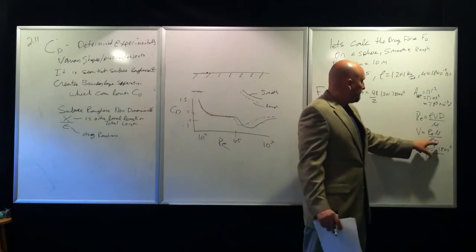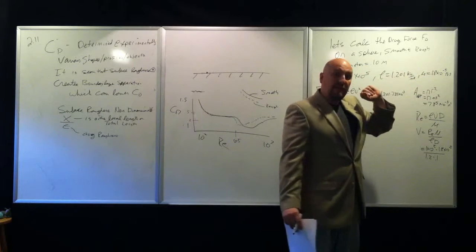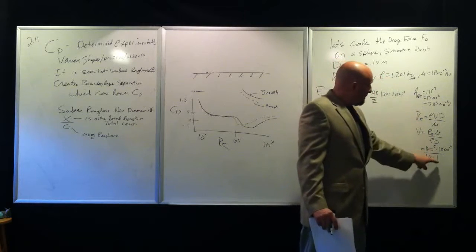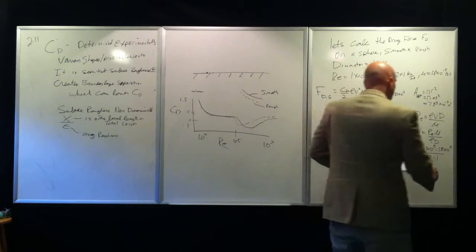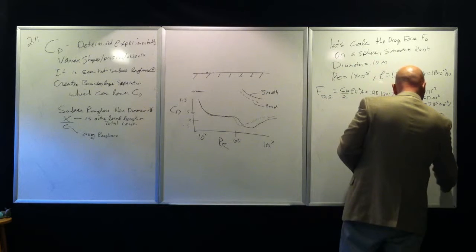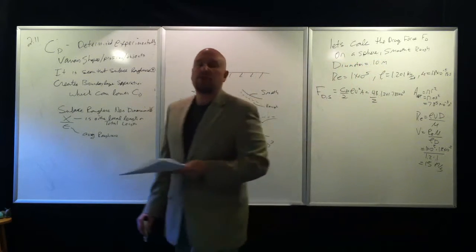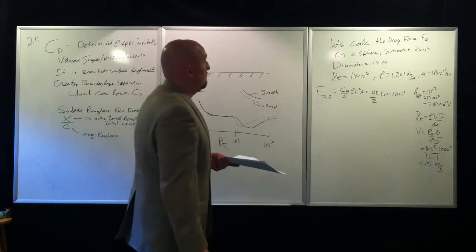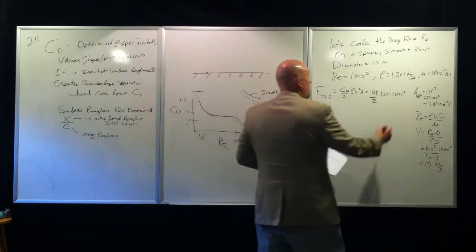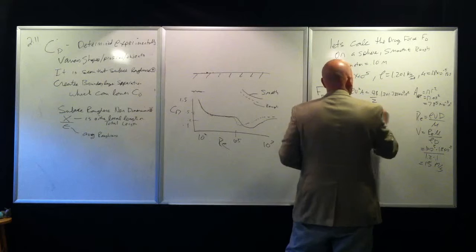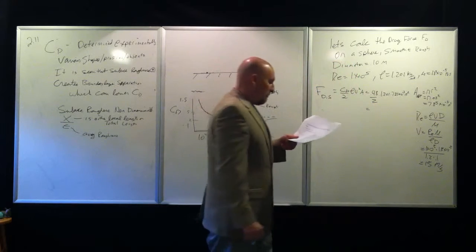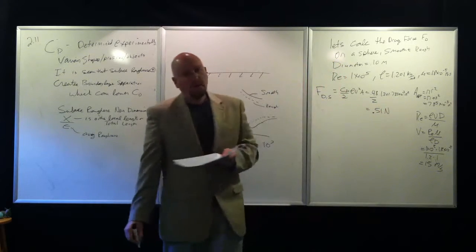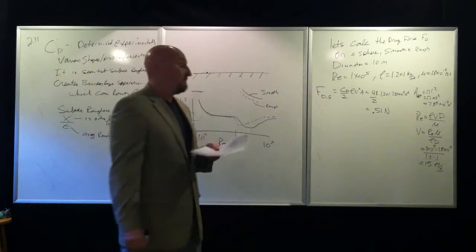The viscosity is 1.8 times 10 to the negative 5th. The density, 1.201. The diameter is 0.1, giving a velocity of 15 meters per second. So either the ball is moving 15 meters per second in the air, or the air is flowing over the sphere at 15 meters per second. Putting 15 and squaring it, the force of drag is 0.51 newtons. That is going to be the calculation for a smooth sphere.